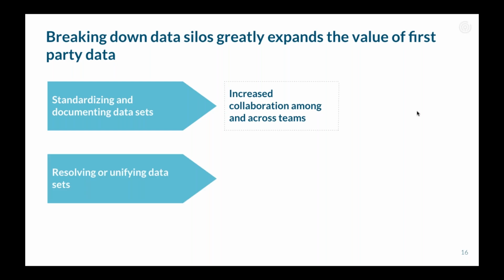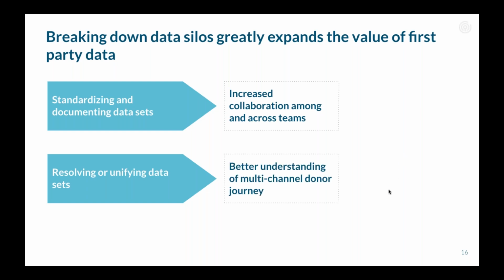Another way to think about breaking down silos is resolving or unifying different data sets. So if standardizing and documenting data sets is about providing just additional context around what data you have as it currently stands, resolving or unifying data sets might be looking at ways to combine data sets based off common identifiers.